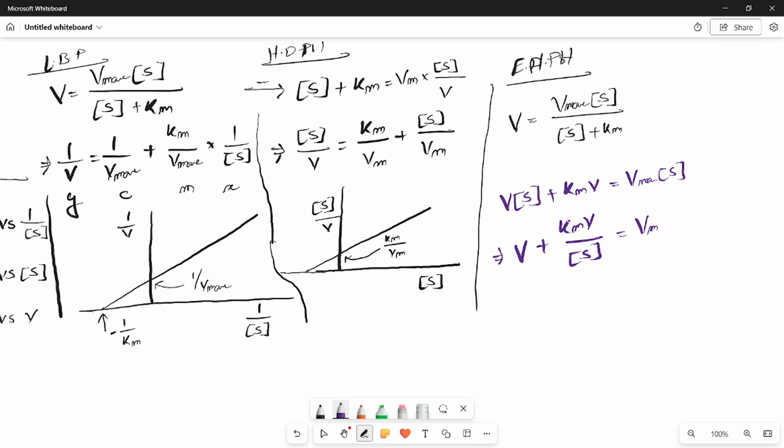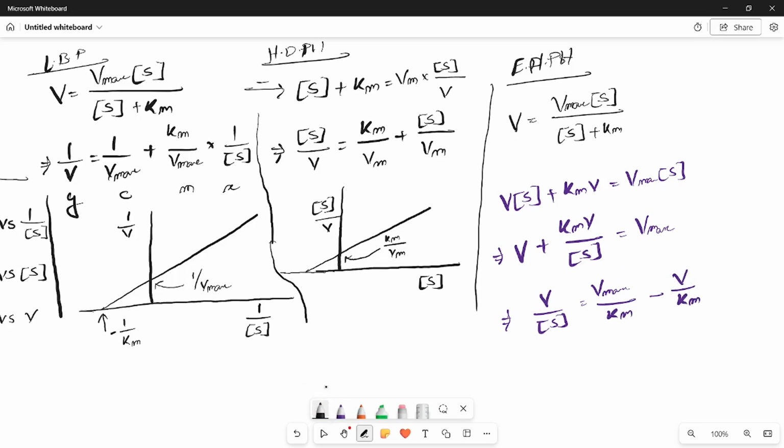Now the equation is V by S versus V. V will be on this side, so V by S equals Vmax by Km, where Km comes downside, and this is a negative part, minus V by Km.